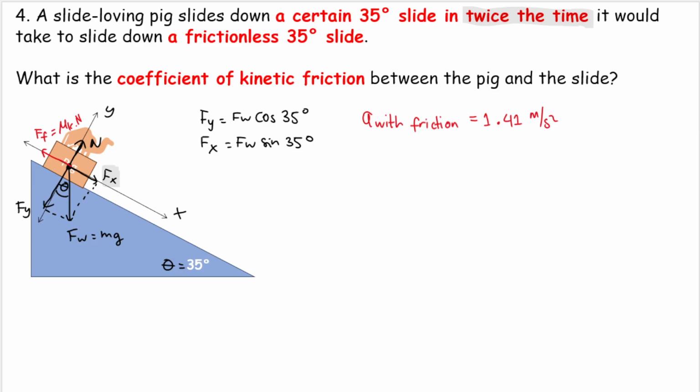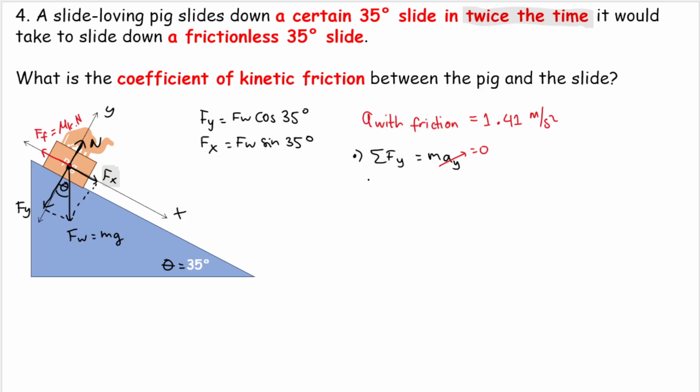We will need to do it in the y direction first. So I will have sigma Fy equal to the mass of the pig times the acceleration in the y direction. But the pig is not flying or falling, right? So this will equal 0. There is no movement in the y direction. But then I will have this Fy here.